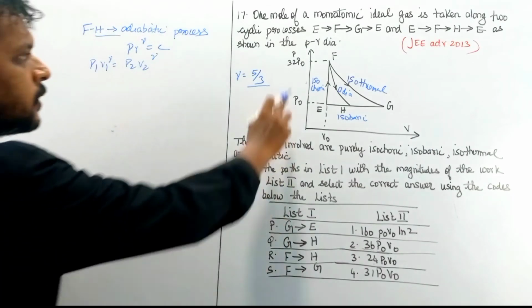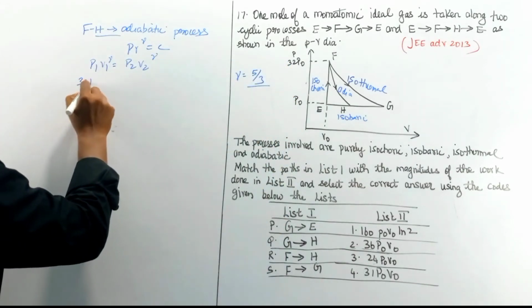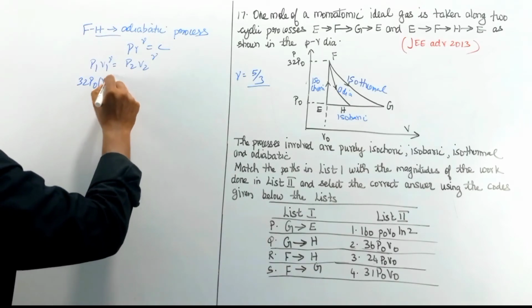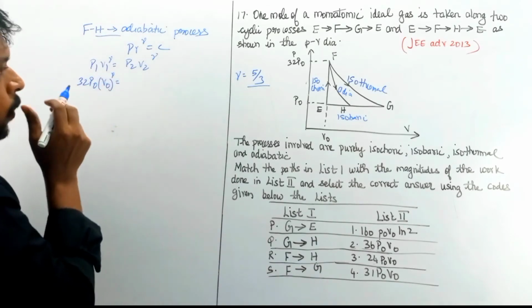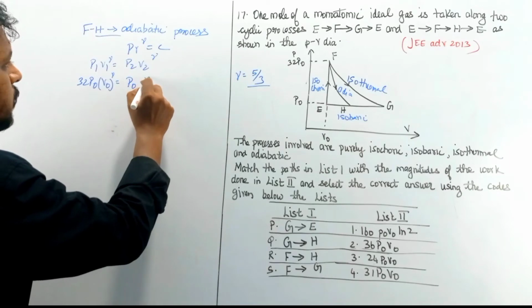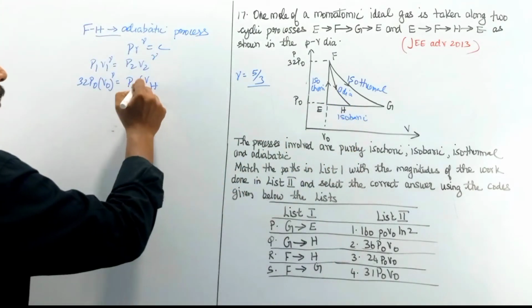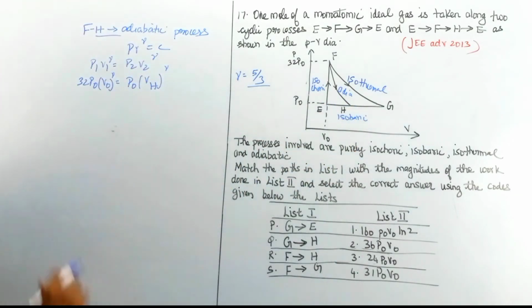Here the initial pressure is 32 P naught, the initial volume is V naught power gamma, which equals the final pressure P naught times the final volume VH, whole power gamma.